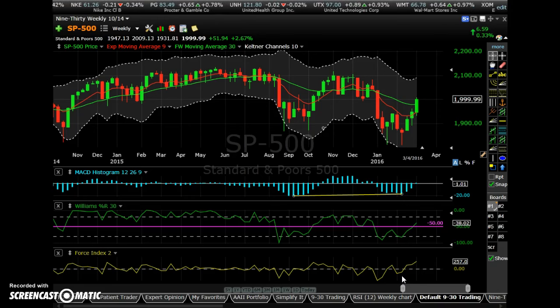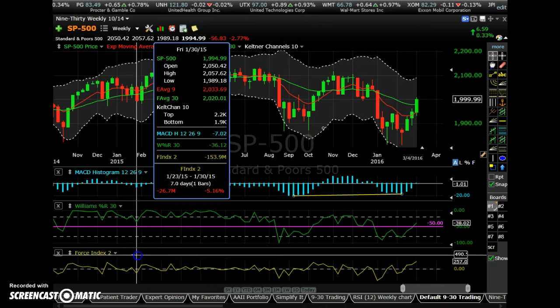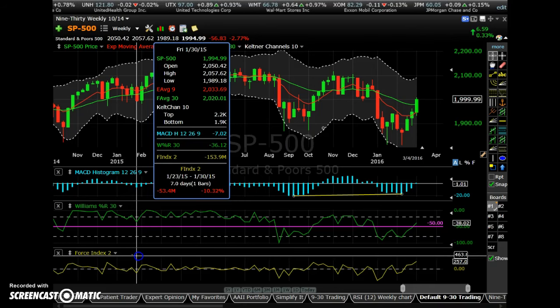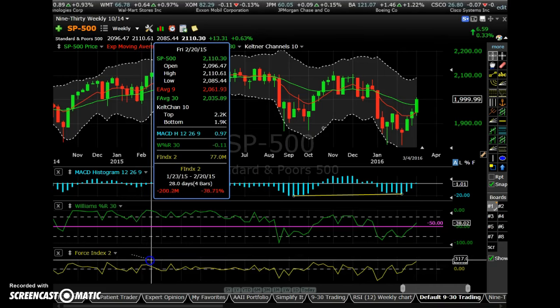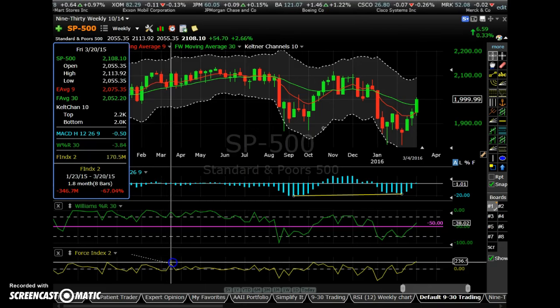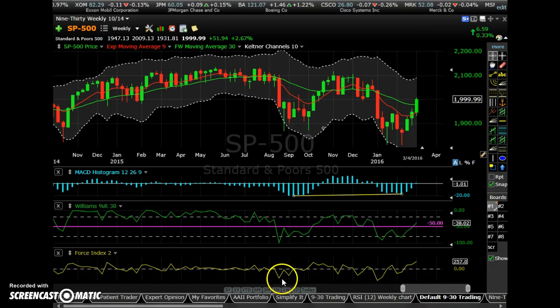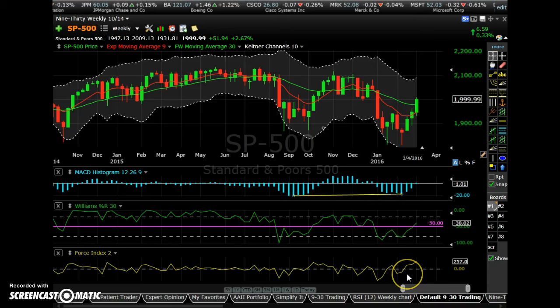If you're in an uptrend, the 9 is above the 30, if Williams percent R is above 50, and Elder Force ticks down, spikes down as he calls it, the market continues to rally. And this is what we had here. So it's in an uptrend that you pay attention to the down spikes, these spikes here below the zero line especially. Let's take a look at the daily chart.